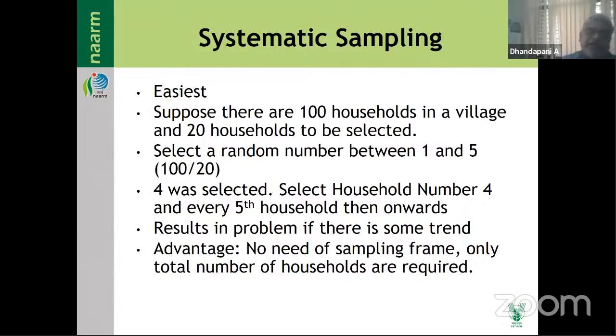So it takes time for them to pick up the bills they want to check. On the other hand, with systematic sampling, they can select one bill, then take every fifth one, and it becomes easier. So that is the one.